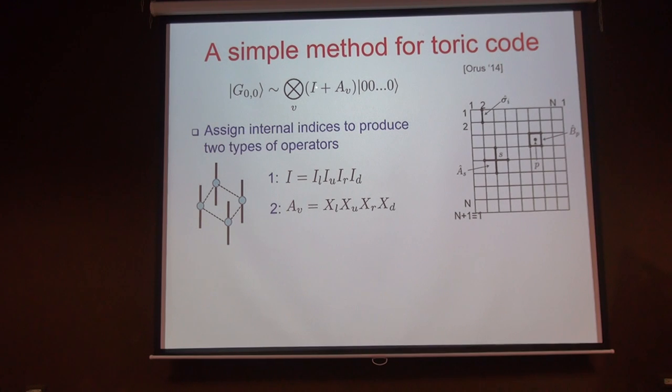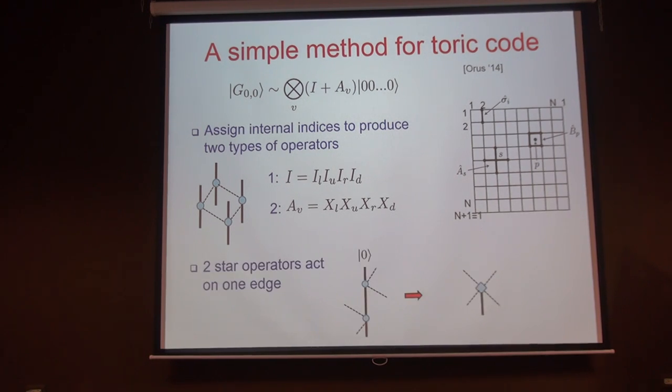One is the identity, so this one is identity here, here, here. The other is actually applying an A_v operator, a product of sigma x. You could assign internal indices that connect these operators. For example, I assign internal index 1 to link all these identities, and 2 to link these x operators.